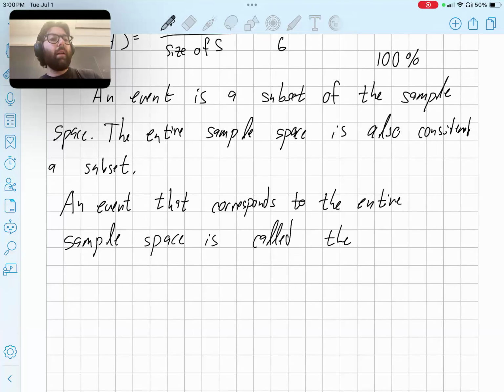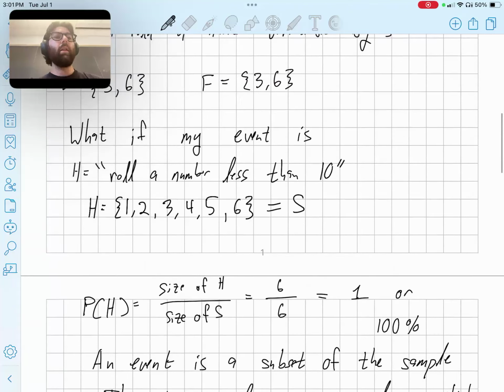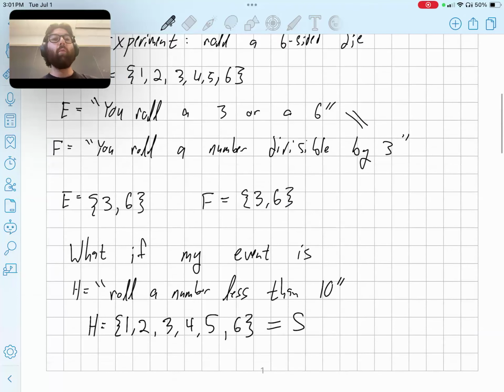And the reason it's called the certain event is because its probability is 1 or 100%. No matter what happens, your event is always satisfied.